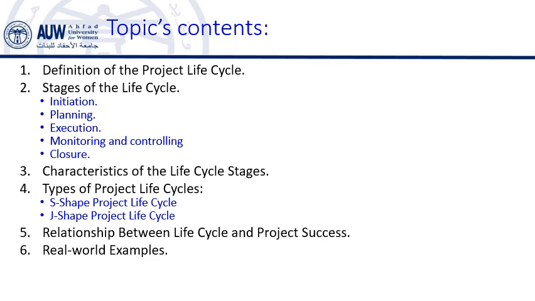Don't forget to always think about the project that you have been involved in or seen in action, and think later about how it applies to either the S-shape or the J-shape. Understanding the stages of the project life cycle and the types of life cycle, S-shape and J-shape, will help in managing resources, budget, and timeline effectively. Different industries may use different types of project life cycle depending on the nature of the project and its objectives.